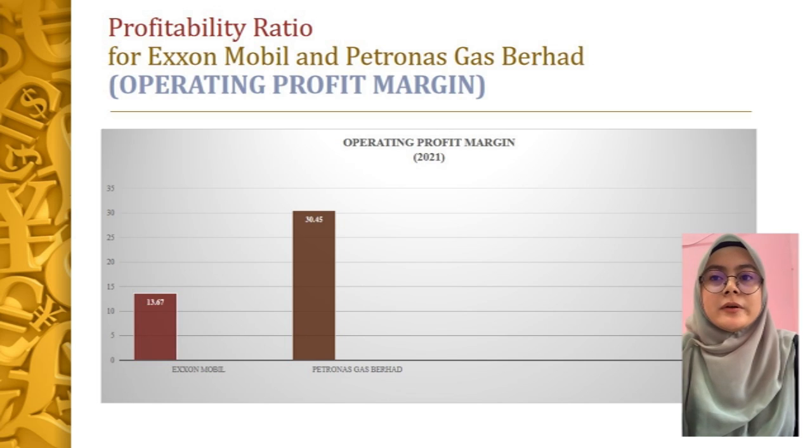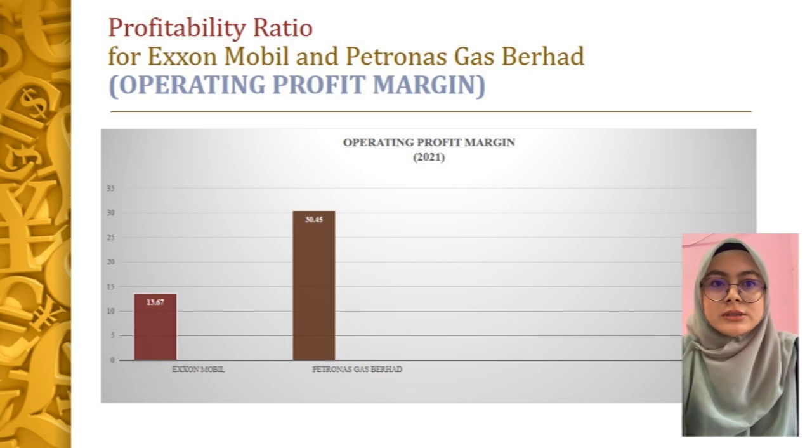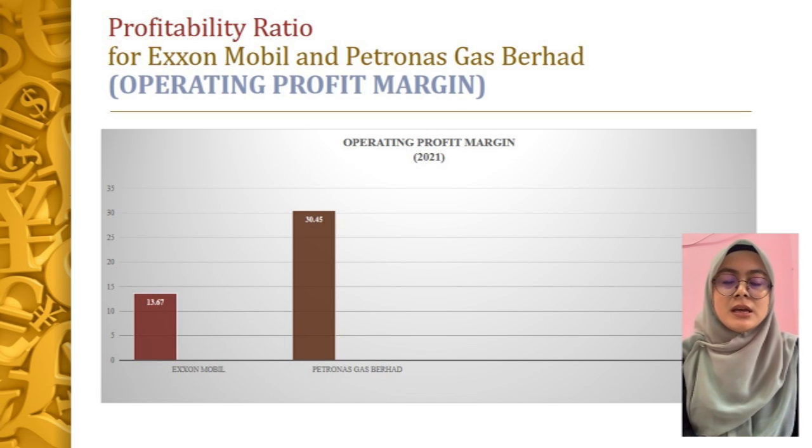Next is operating profit margin. Operating profit margin indicates how much profit a company makes after paying for variable costs of production, such as raw materials and more. It is expressed as a percentage of sales and shows the efficiency of a company in controlling the costs and expenses associated with business operation.